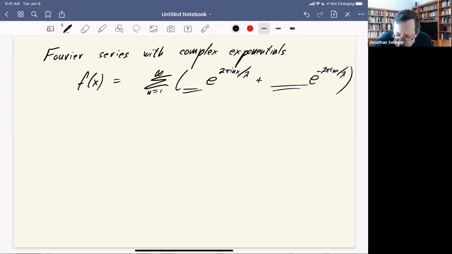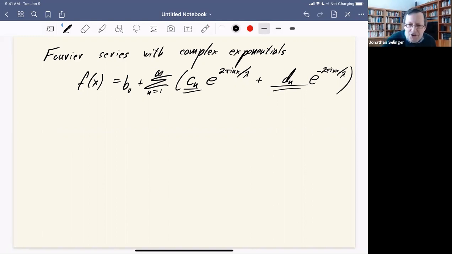The things that go in these places are going to be sums or differences of the a's and b's. But I don't really care about the a's and b's anymore, so I will just call these things with new names: c sub n and d sub n. And there's still some coefficient up in the front.